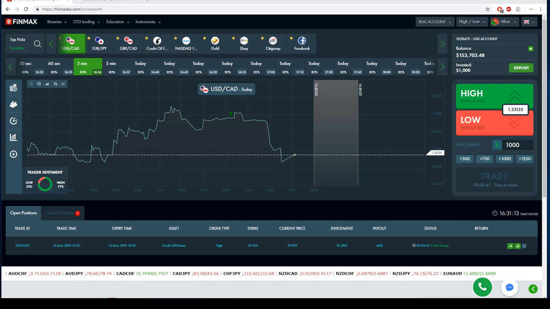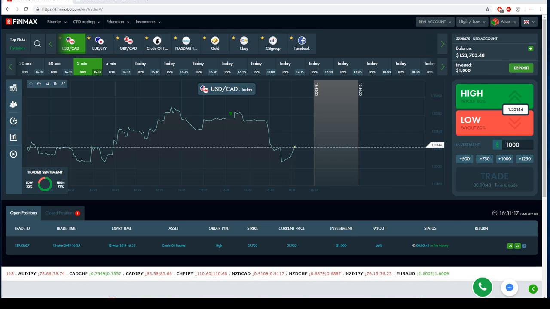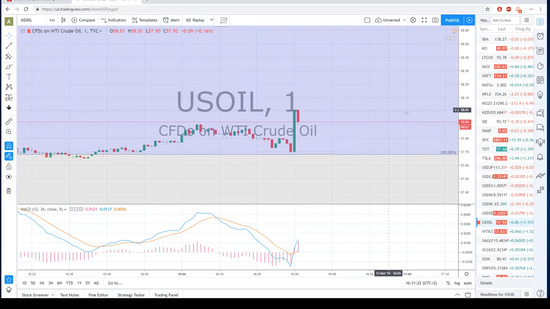And we see the drop of the crude oil inventories by 3.86 million, which is pretty much.